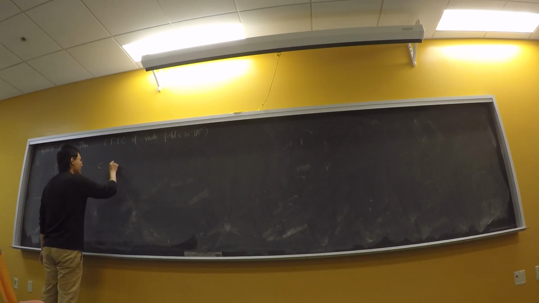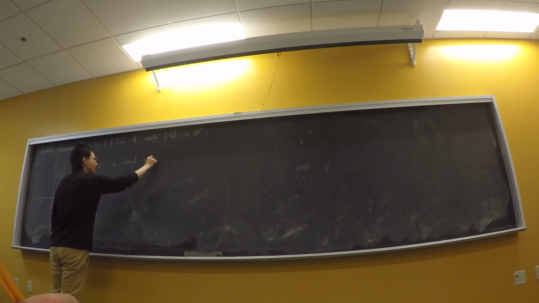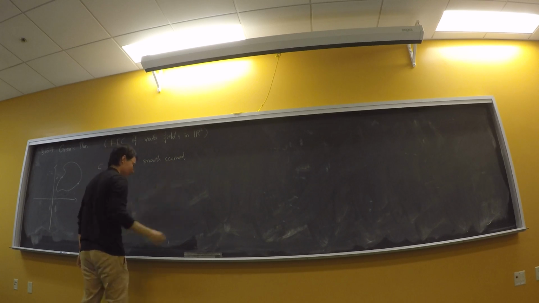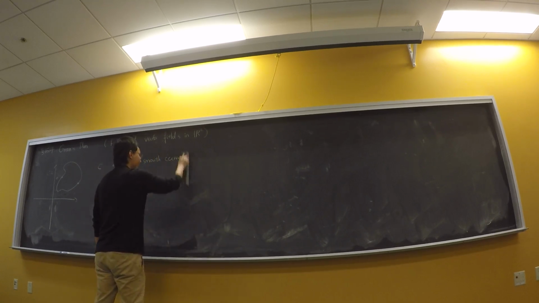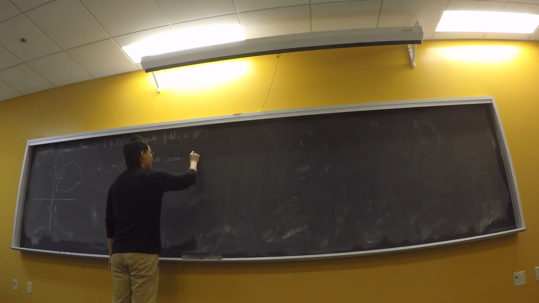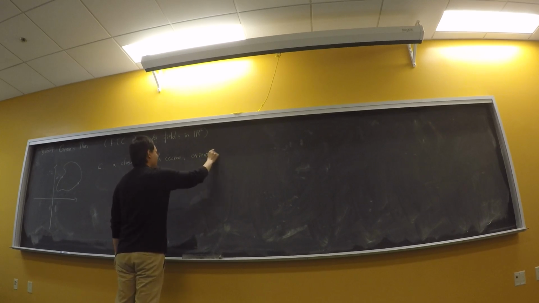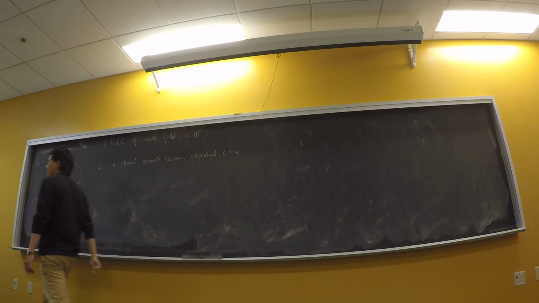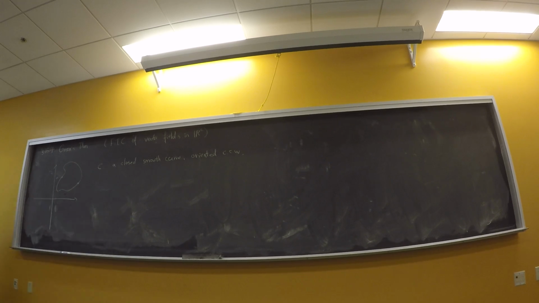C is a closed, smooth curve, oriented counterclockwise. Okay. So this is my setup.